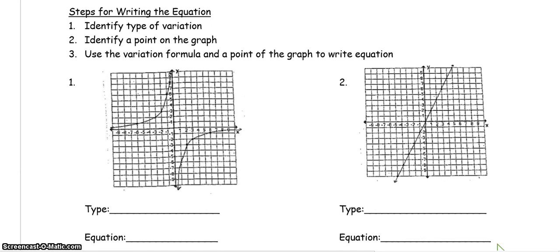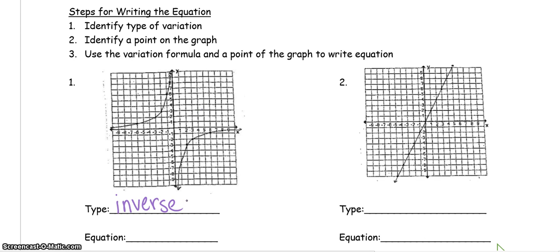Alright, so now that we know how to graph, we also want to be able to write the equation of a graph that's given to us. When you do this, first you need to identify the type of variation you have. So here, if we compare it to the graphs that we just did, this would be an example of inverse variation. Now we want to find a point on the graph.